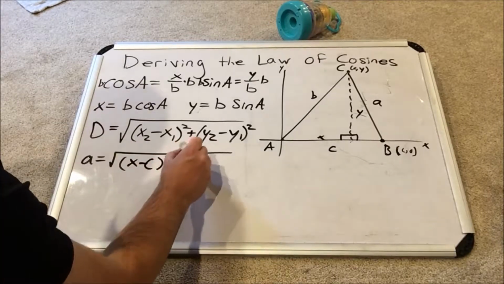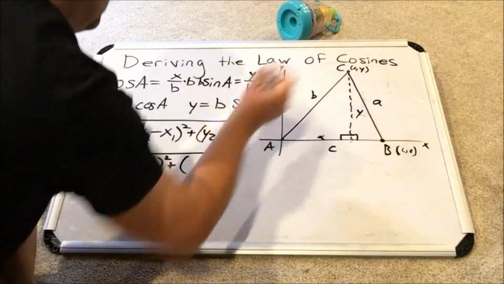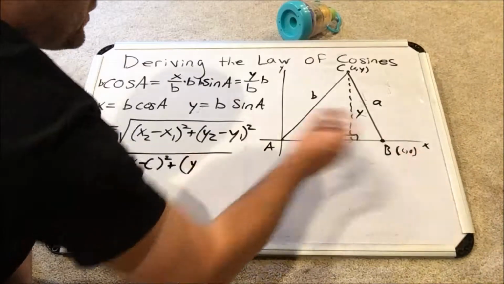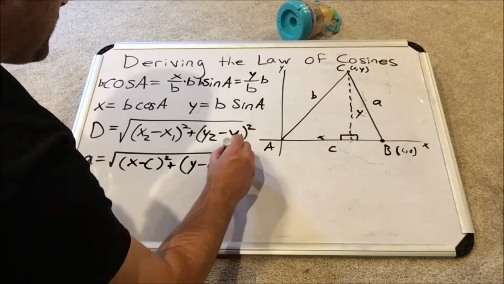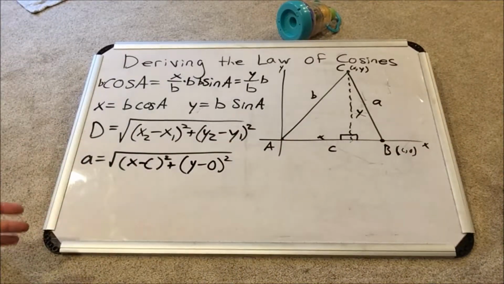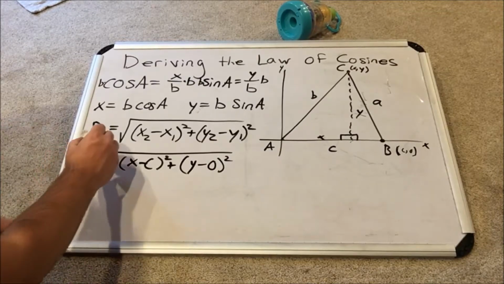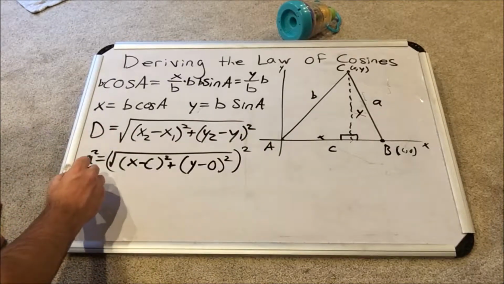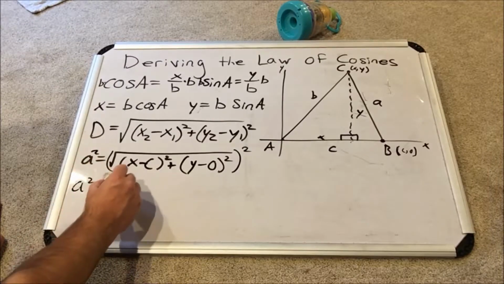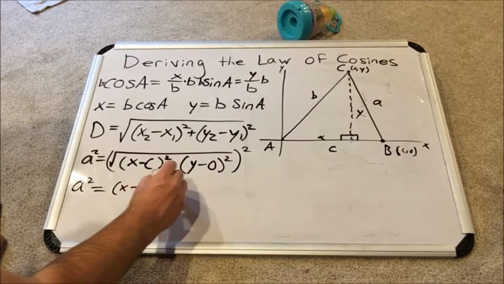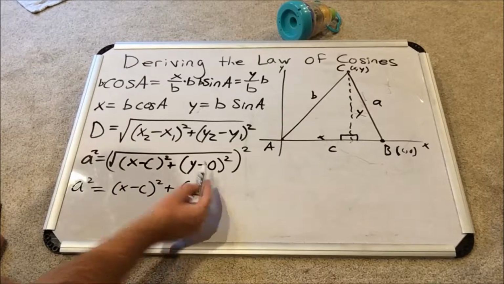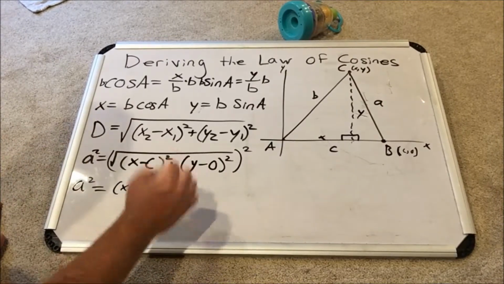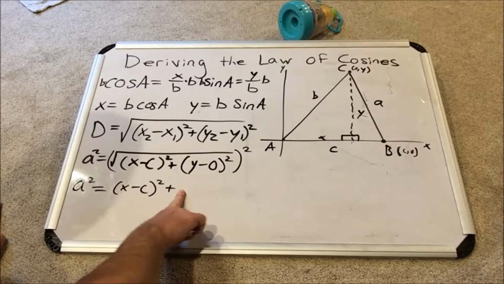And then we will add to that the second y value, which is just y, minus the first y value, which is 0, squared. We will square both sides to get rid of the radical, or the square root, and we will have a squared equals (x minus c) squared plus, now I don't need to write the 0 again, I can just write y squared.